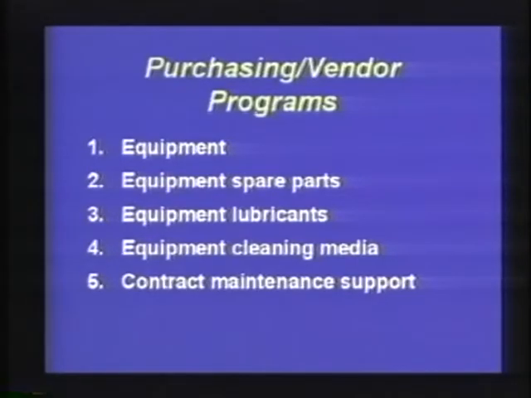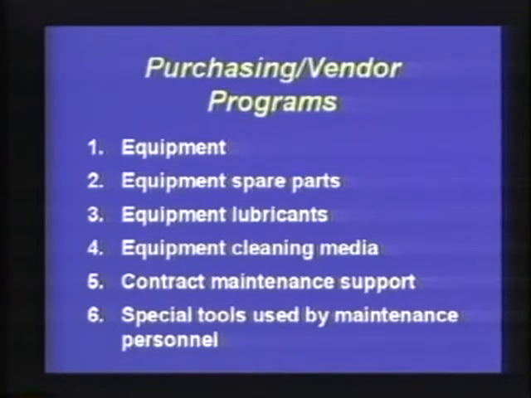We also can look at the special tools that are used by maintenance personnel. Some of these tools may be expensive, and therefore you may want to consider a lease program with the ability to apply all of the lease costs to the purchase price of the tooling.